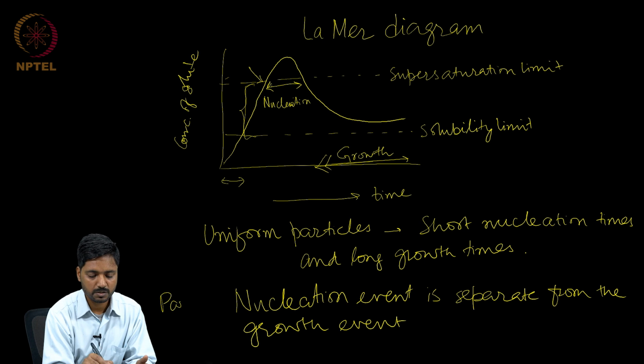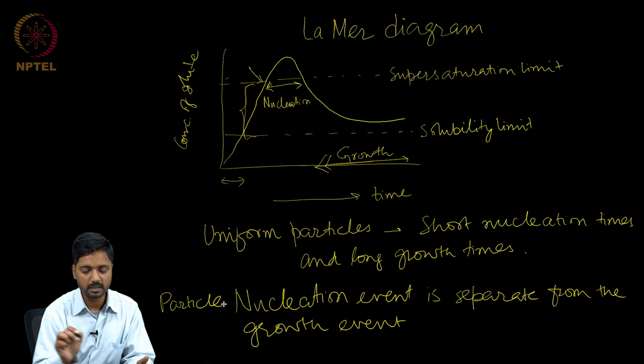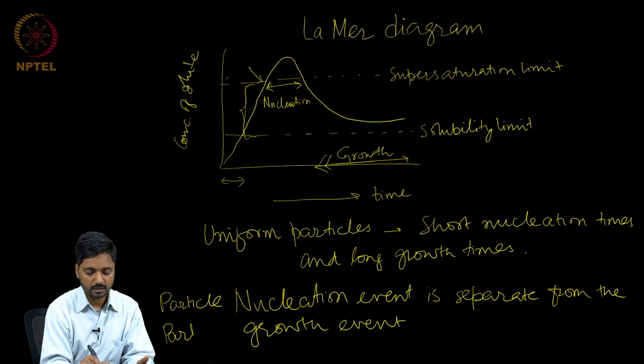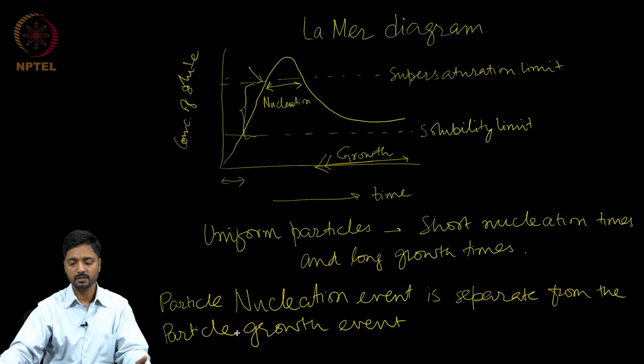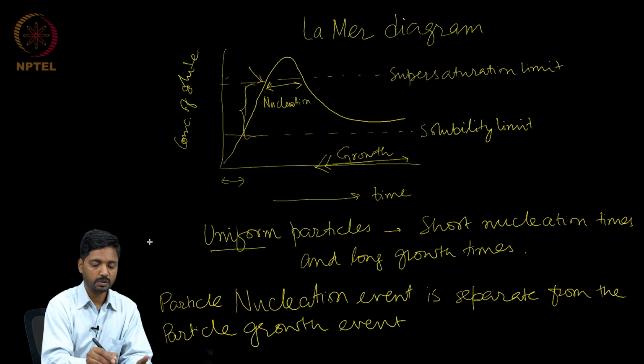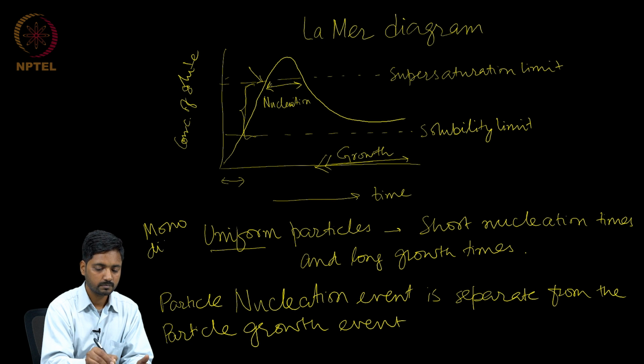We can also rewrite it as: the particle nucleation event is separate from the particle growth event. These two need to be separate for achieving uniform or monodisperse particles.